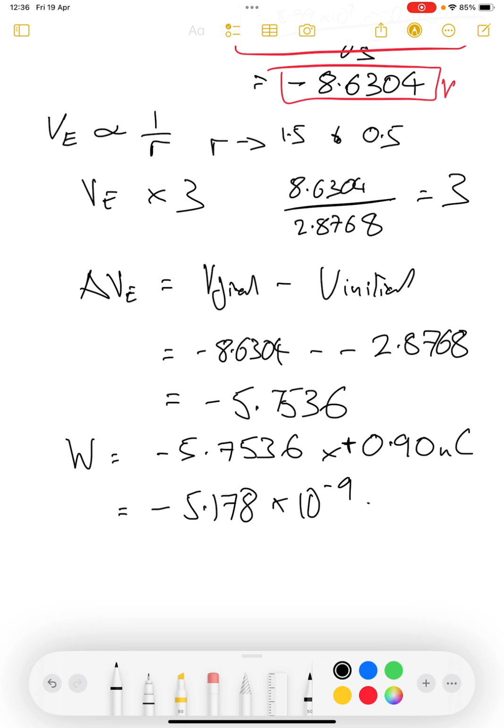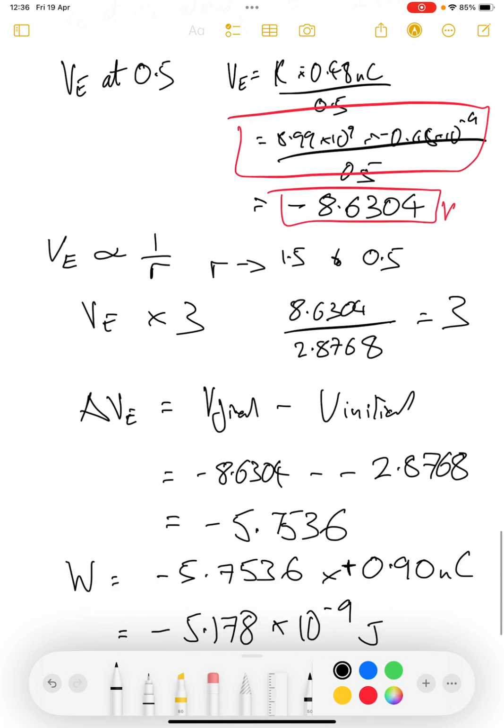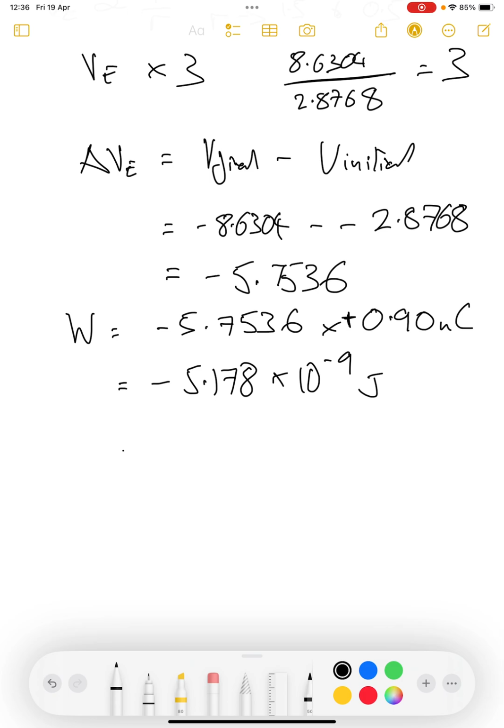Now, what does that mean? In this case, we had a negative, excuse the lack of nanocoulombs, and then you have a positive, and we were going from 1.5 meters to 0.5. So actually, rather than having to work against a force, like the repulsion force earlier, it's actually being pulled in. So you're not doing work to get it there, you'd have to do work to get it away.